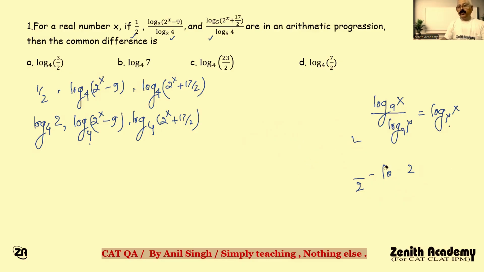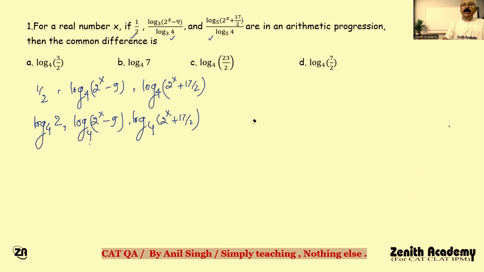As you know, for any AP, the difference of two consecutive terms is always common. So the common difference is the second term minus the first term: log of 2^x - 9 to base 4 minus log of 2 to base 4.